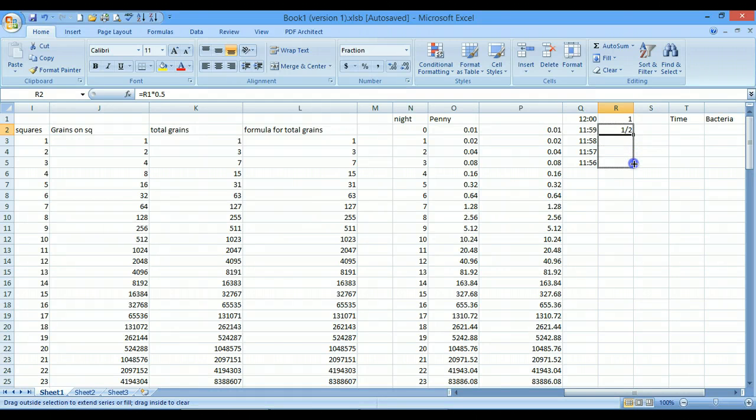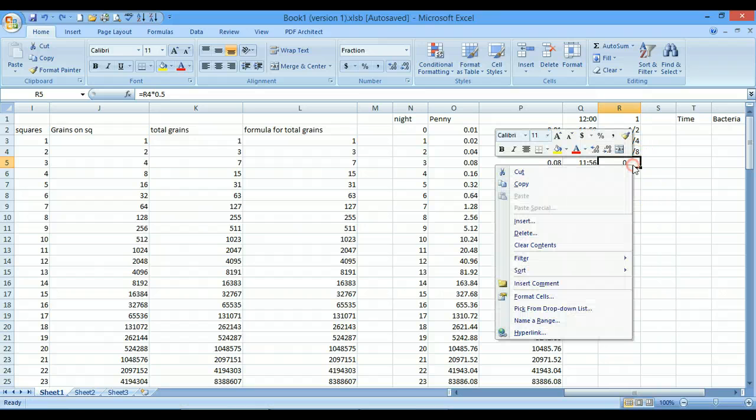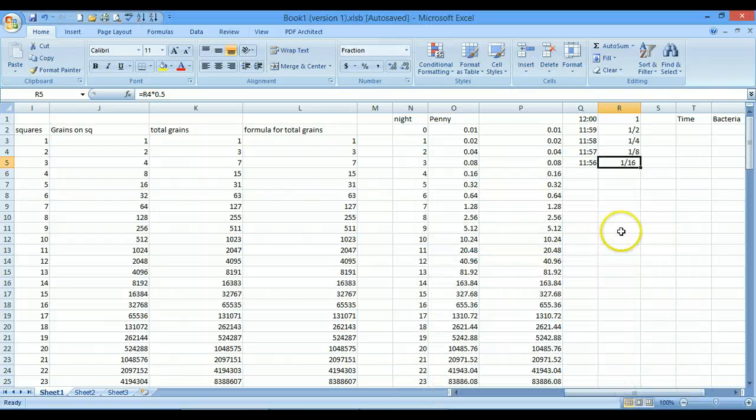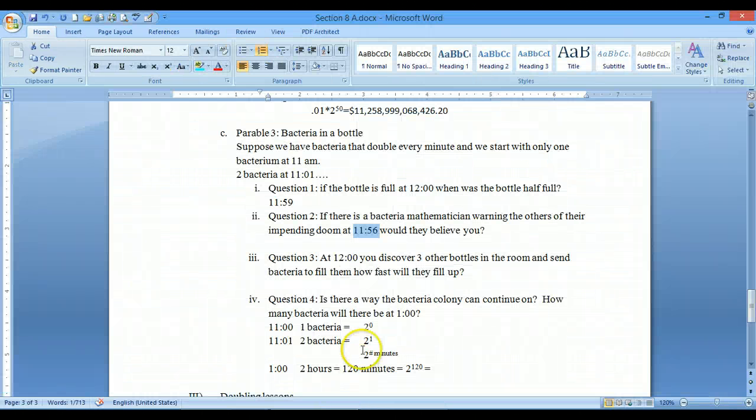Should be dividing it by 2, 1, 2, 3 more times, which gives us 1/2, then 1/4, 1/8. This should be 1/16, and you'll notice it isn't showing. So let's go format the cell, change our fraction so that we have 3 digits. There we go, 1/16. So we can come back here. Would they believe you? Probably not. It's only a 16th full. So let's say no.